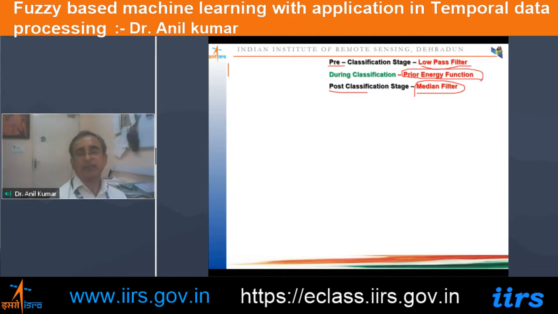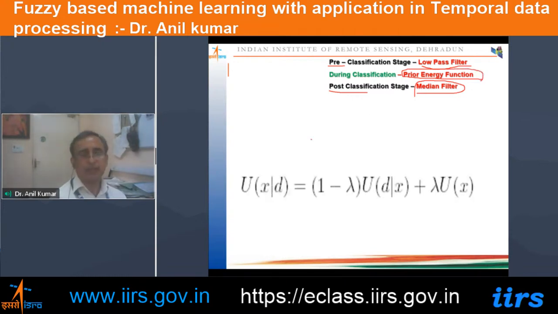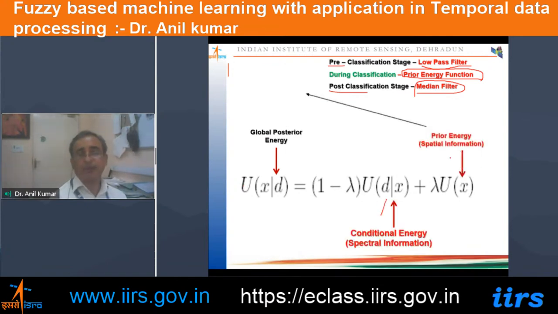And the answer was yes. So here we can have the global posterior energy function, we have conditional energy, and here we have prior energy, which is adding the spatial information. This is adding the spectral information from the base classifier. We have taken the base classifier as a fuzzy classifier, and here it is adding the spatial information, so that contextual information can be added in the output through Markov random field.